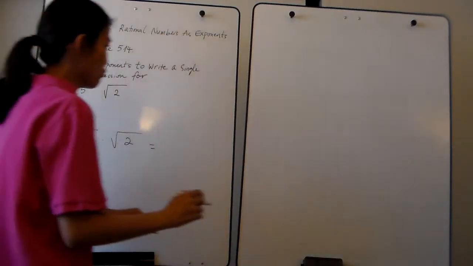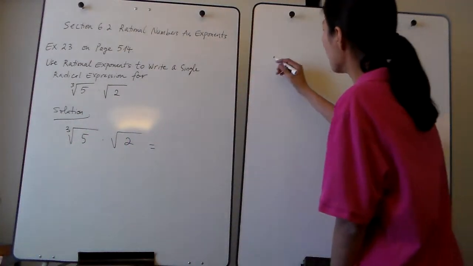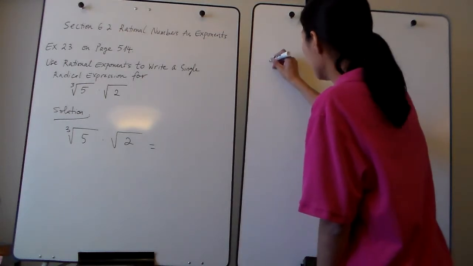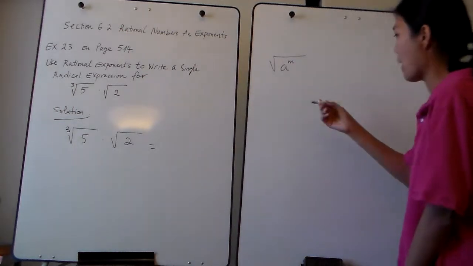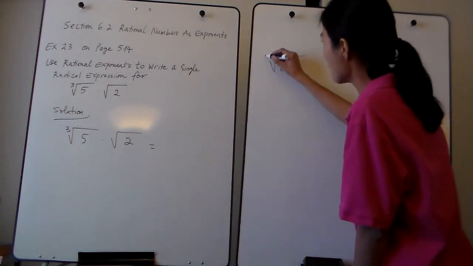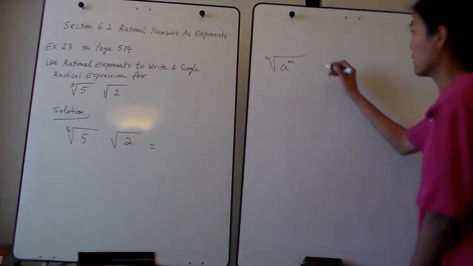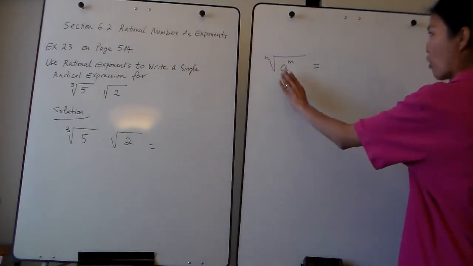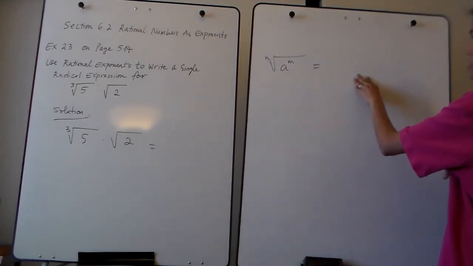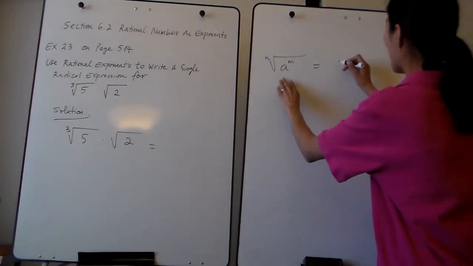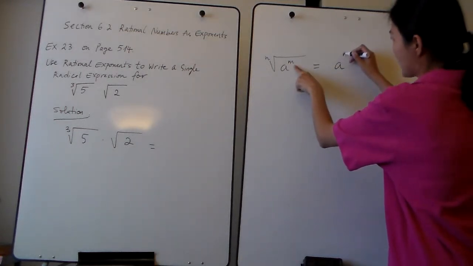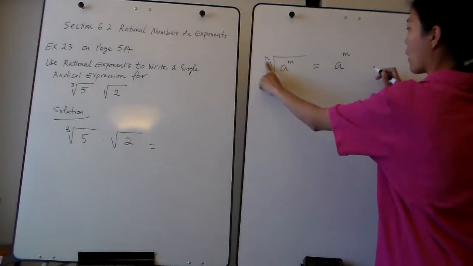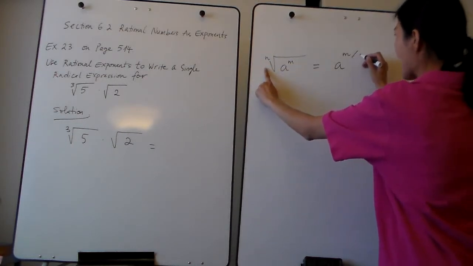If you recall, in the radical expression we have a raised to some m power, and this is the n root. We can convert from radical expression to exponent expression by taking the a, treating this m as the numerator, and the n, the n root, as the denominator.